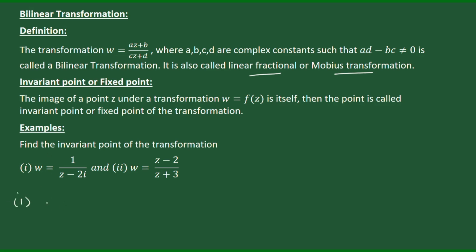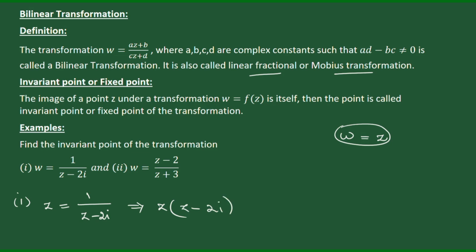According to the definition of an invariant point, the image of a point Z under the transformation is itself, which means that W is equal to Z itself, so W should be replaced as Z. So Z = 1/(Z - 2i). On simplification, we cross multiply, so this becomes Z(Z - 2i) = 1.